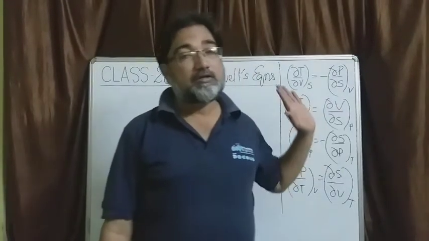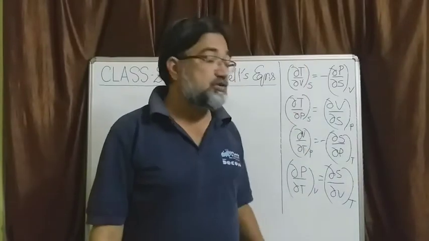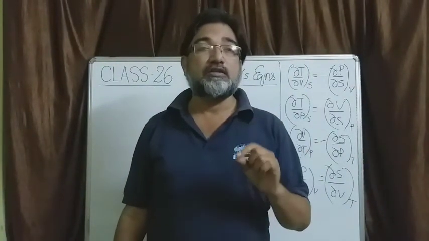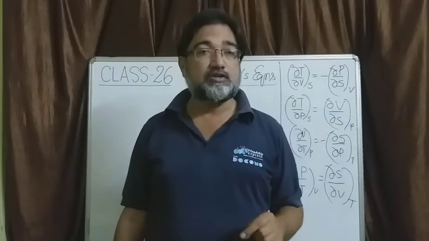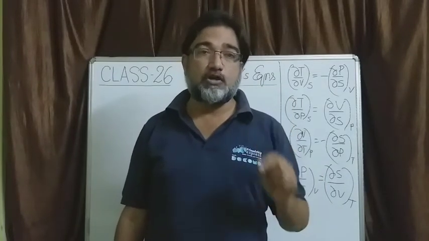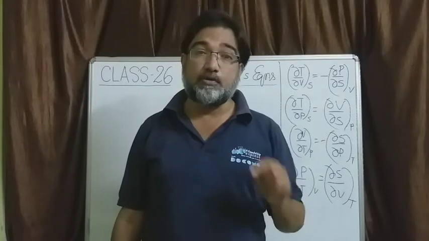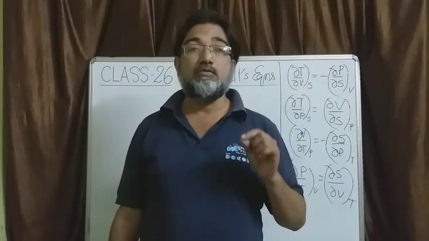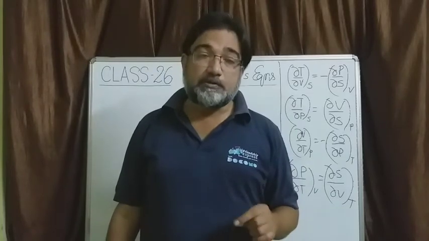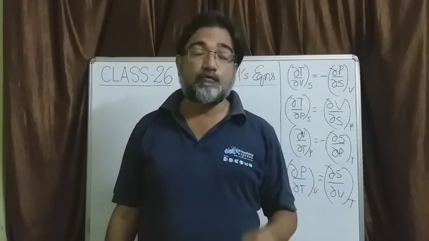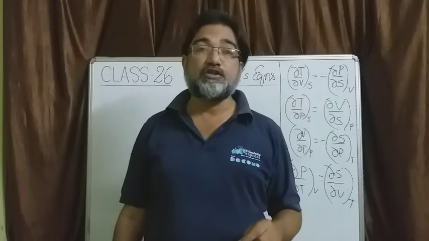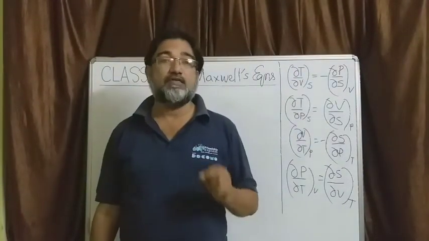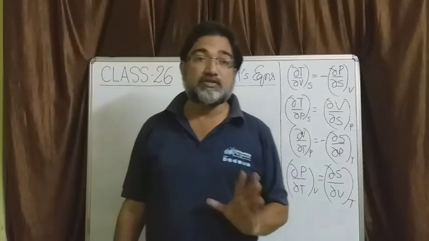So remember, if you are asked to derive Maxwell's equations, you have to derive all four equations. The first comes from the first law of thermodynamics for a system undergoing a process. The second comes from the definition of enthalpy. The third comes from the definition of the Gibbs function, and the fourth from the definition of the Helmholtz function. Gibbs function is h minus ts, whereas the Helmholtz function is u minus ts.